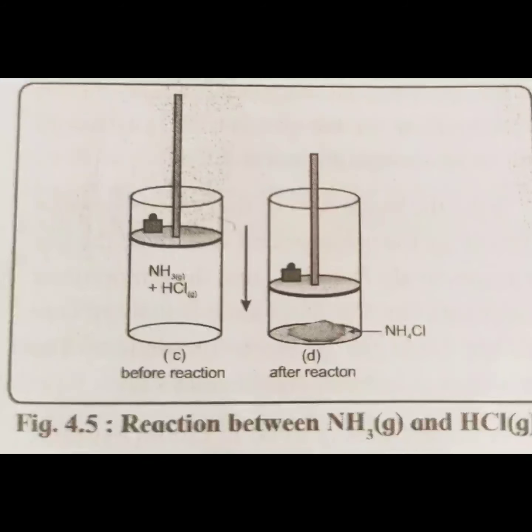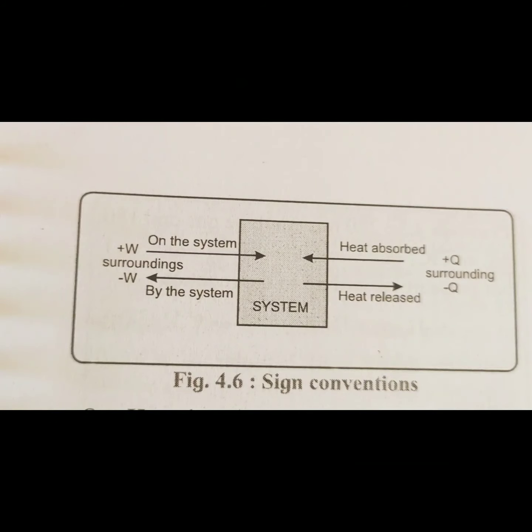If no heat transfer occurs, work done by the surrounding is equal to the gain in energy by the system. This is PV work done. That means here work of compression is done by the surrounding on the system, that is energy gained by the system.